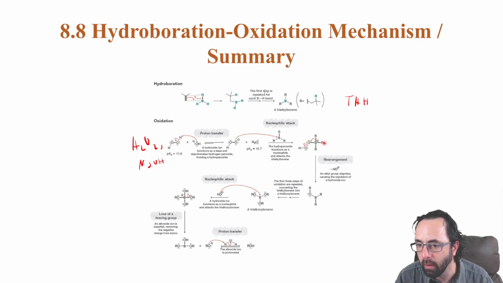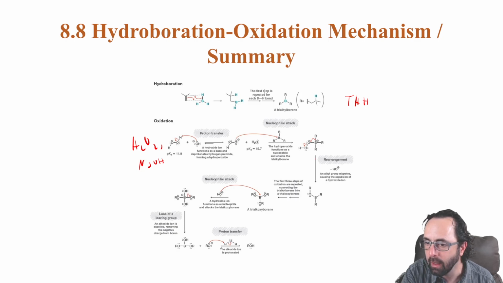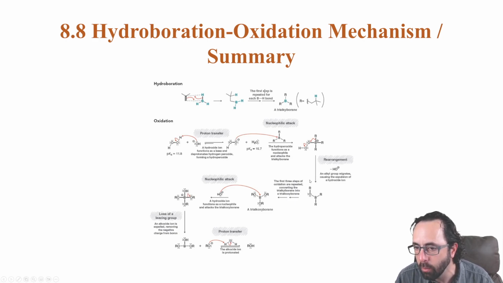So right now with 4 bonds, it has a negative formal charge. At that point, we end up with a breaking of the bond to the alkyl group, and this alkyl group will now be attached to the oxygen, which is attached to the boron, and we leave a hydroxyl group here.